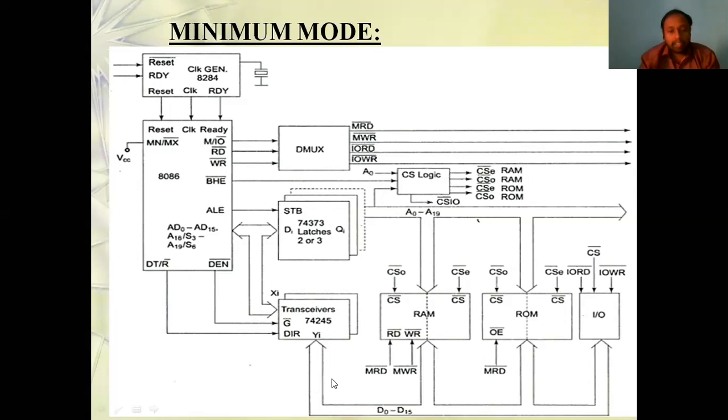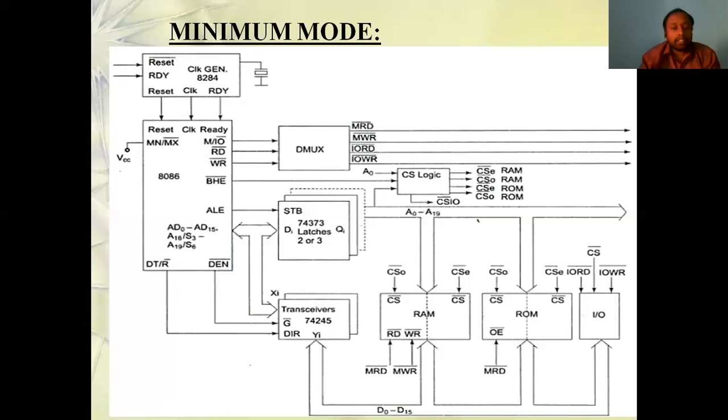From here, the 8086 will access RAM, ROM, and IO. The data as well as the address are given to these memories. This completes the lower block, and the higher block you are going to have some demux in minimum mode.